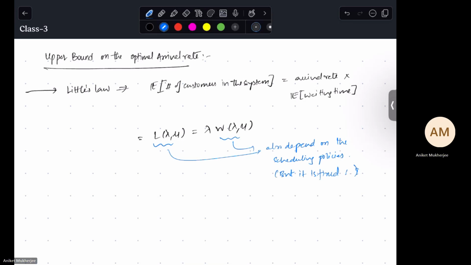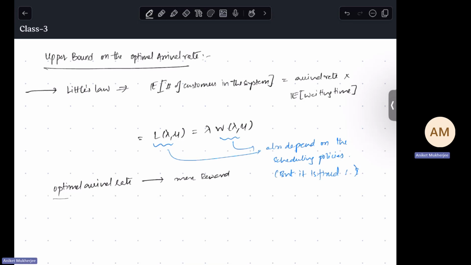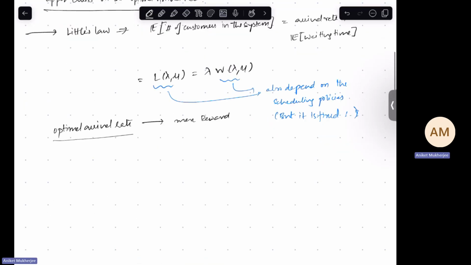Okay, so yesterday we saw the optimal arrival rate. We maximize the reward. So let me write the objective function once again, B(lambda). Here I'm writing it as a function of lambda because I know that mu is fixed, right? It is equal to r times lambda minus h times lambda by (mu minus lambda). This I can write as lambda times (r minus h by (mu minus lambda)), right?